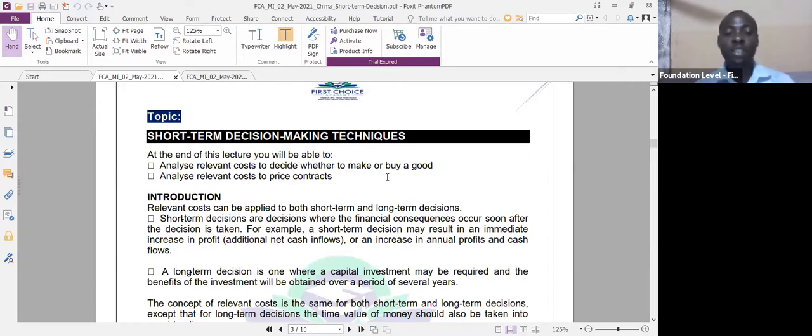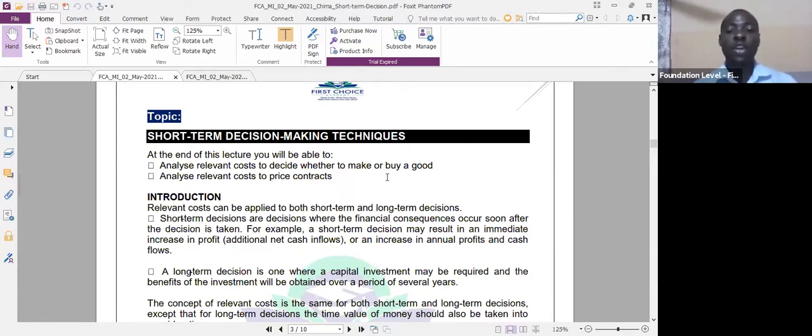Now, short-term decisions are those decisions whose financial consequences occur in a very short while after the decision has been taken. That means you take a decision now, the consequence starts coming maybe in a week's time or in a month's time or even 2 months' time, then it's a short-term decision.